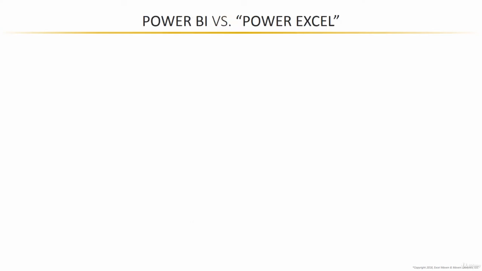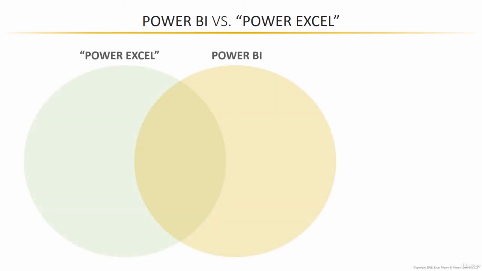Now, last but not least, just want to make a quick comparison between Power BI and Power Excel, because there is quite a bit of overlap here, especially for those who have taken my Power Query, Power Pivot, and DAX course in Excel. So let's think of this like a Venn diagram, where you've got Power Excel tools on the left, you've got Power BI tools on the right, and this area of overlap in the middle with features that both platforms share.